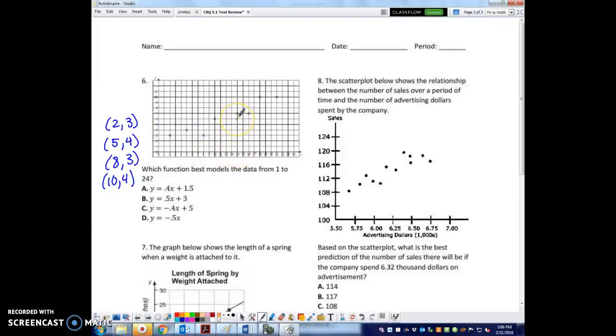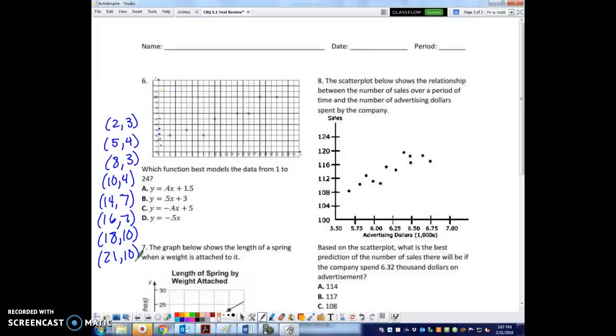Over 14, up 7. Then over 16, up 7. Over 18, up 10. Over 21, up 10.